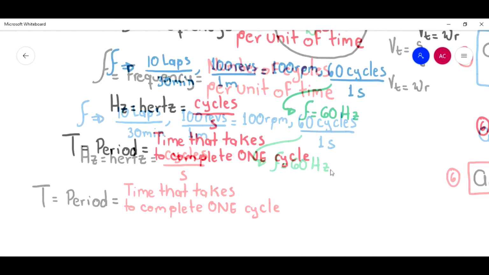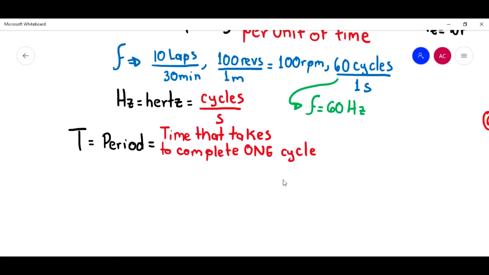Okay, so I can ask you, what is the rotation period of the Earth? Okay, so the rotation period of the Earth, you can say that is 1 day, or you can say that is 24 hours.